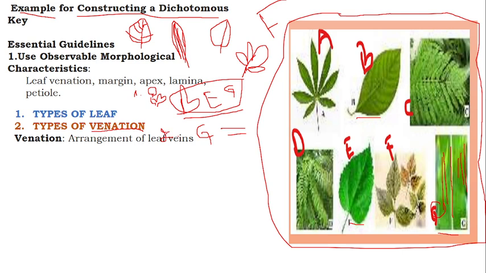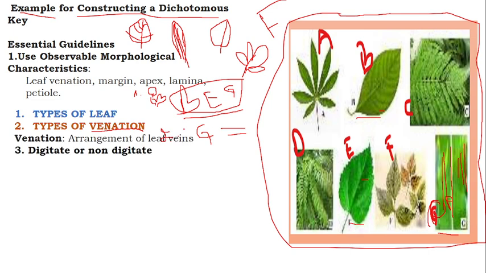Based on the venation, I only remain with G, which is a parallel venation. The other remaining are not parallel venation. I hope you are understanding. So now, G I have already identified, which is a simple rift with parallel venation. There are no other rifts which are simple.